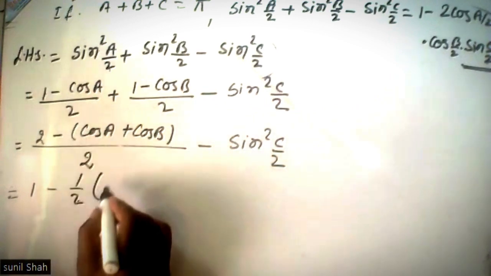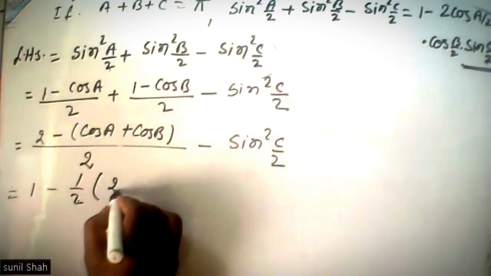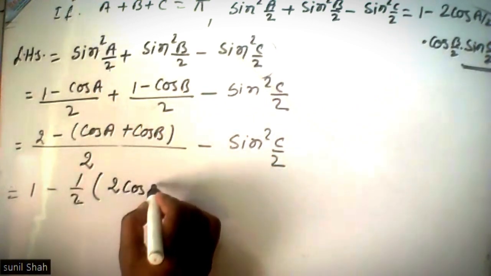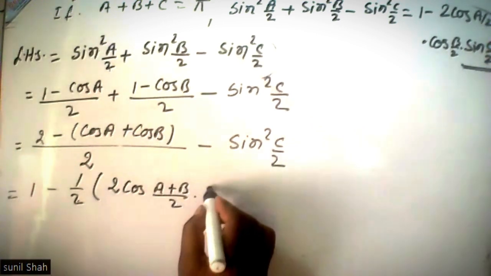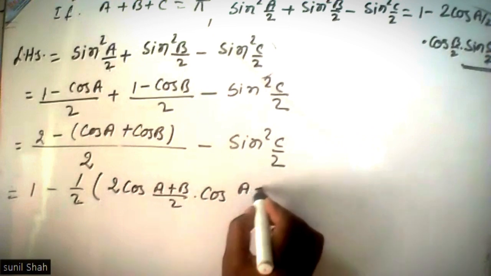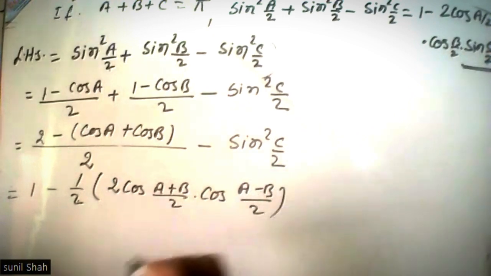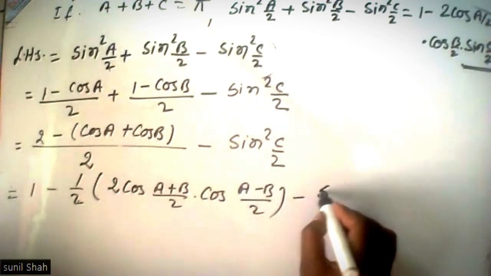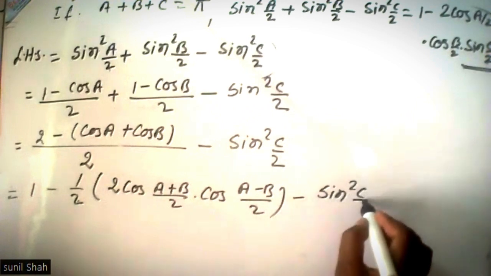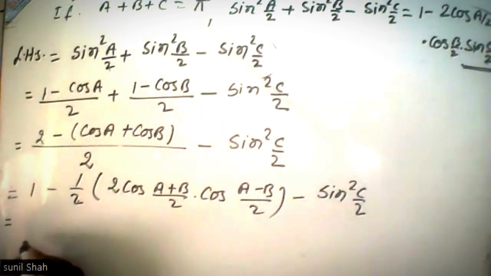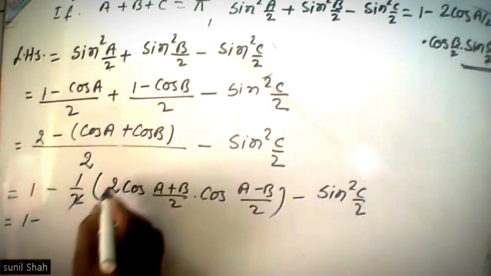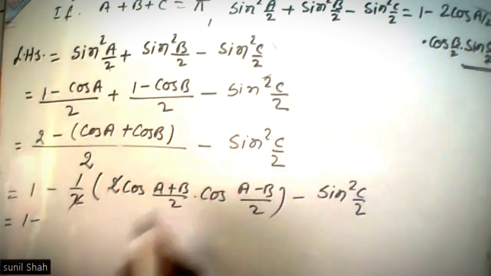This 2 is for this term, cos C plus cos D, 2 cos C plus D by 2 into cos C minus D by 2 minus sine square C by 2. That is equal to 1 minus, cancel this and this, cos A plus B by 2.